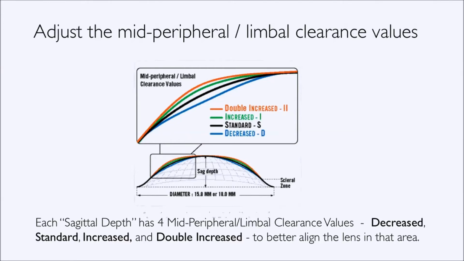If we want to increase our profile curve, that portion of the lens in the mid-periphery further out, say we had a patient who was wearing Intacs, or we were fitting a patient who had a corneal graft and we wanted to be sure to vault over the corneal graft, we might go to an increased or a double increased profile.